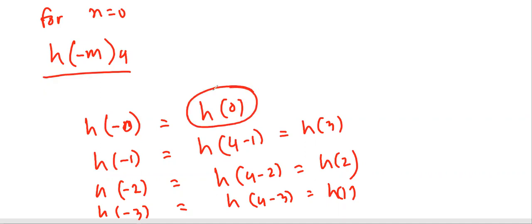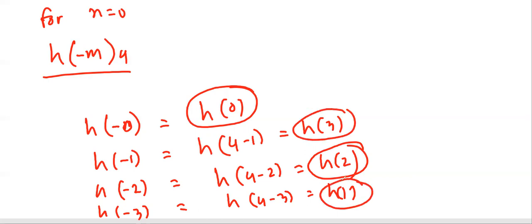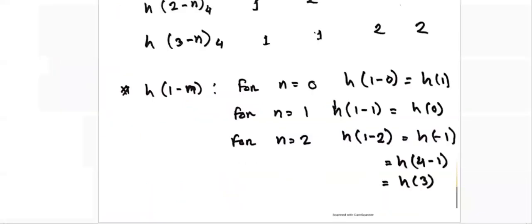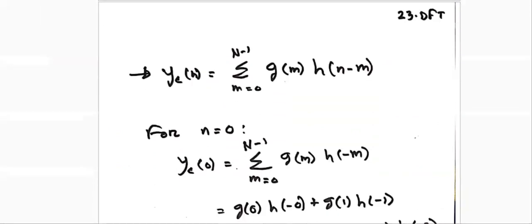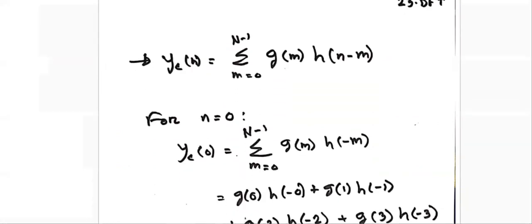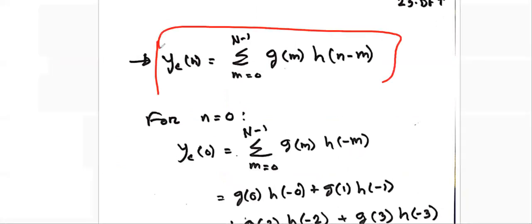That means the 0th sample and the second sample remain at the same place, but the third sample and the first sample have been swapped between each other. So you can find any value with that logic. In the equation, this is our basic equation.